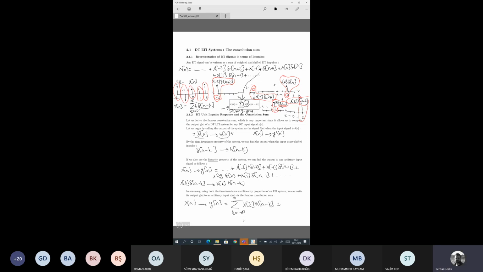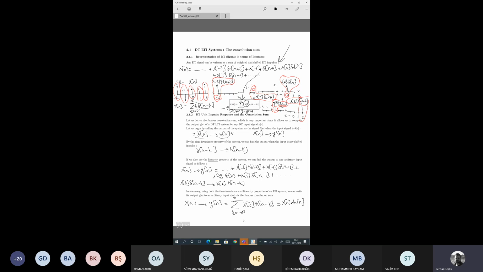And this is in short denoted as the convolution, x of n convolved with h of n. So the idea is quite simple. You have a signal x of n, and this x of n is written as scaled and shifted impulses.